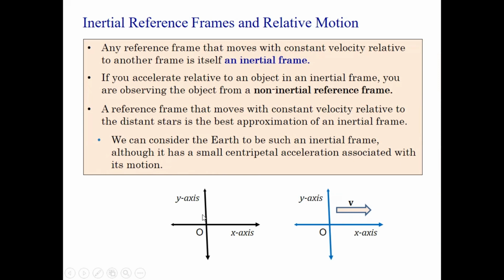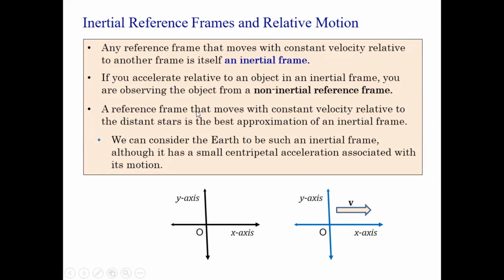This velocity is with respect to the black frame. So if you accelerate relative to an inertial frame, then you are observing the object in a non-inertial frame. If this frame starts accelerating, then we are seeing this as a non-inertial frame.